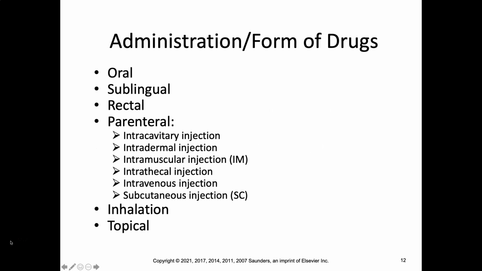Administration and form of drugs. Well, drugs come in different forms. They come in capsules, they come in pills, they come in suppositories, they come in liquid, they come in injectable form, they come in a form that's been put into some type of a solution. They come in a patch.